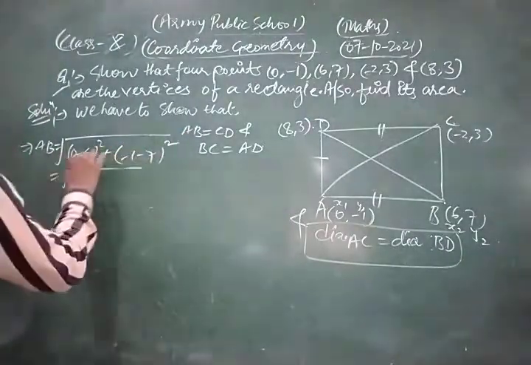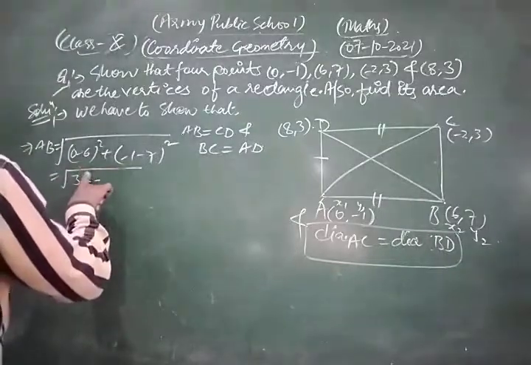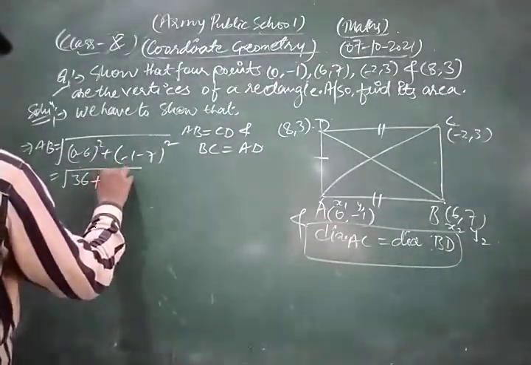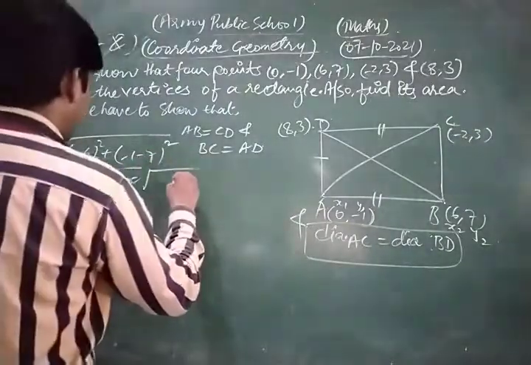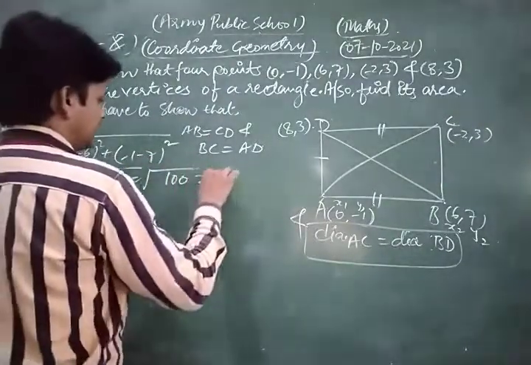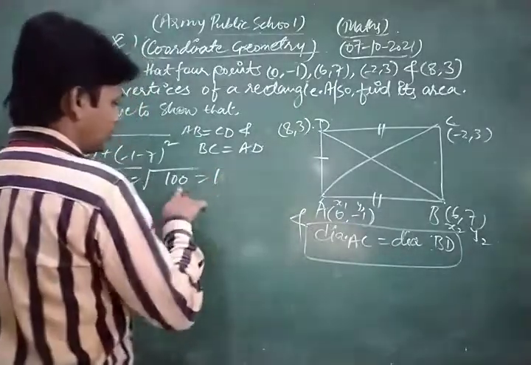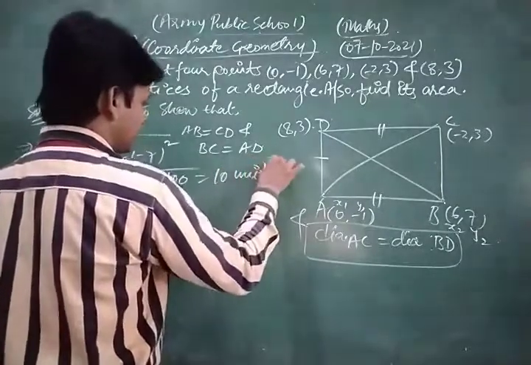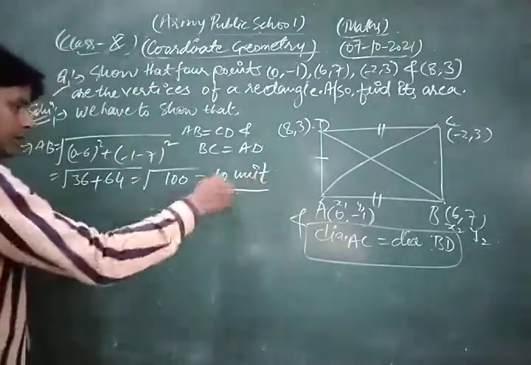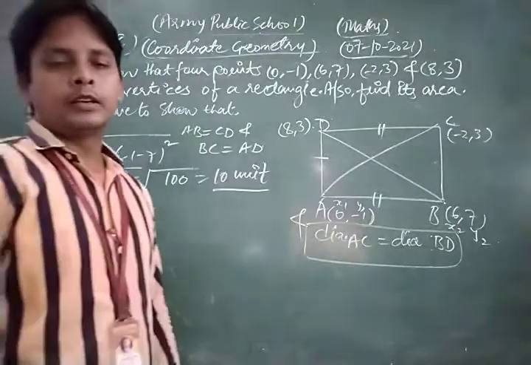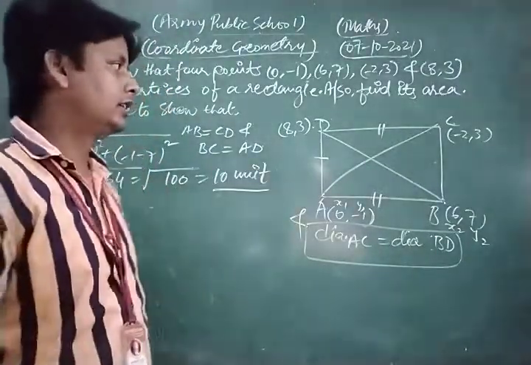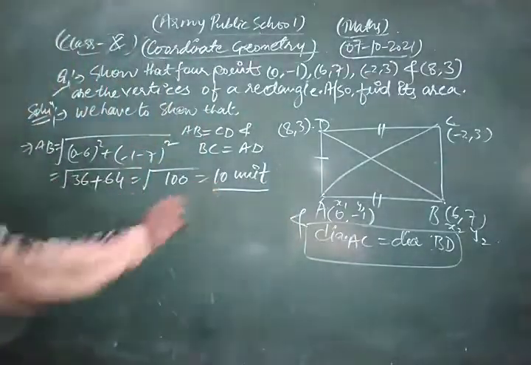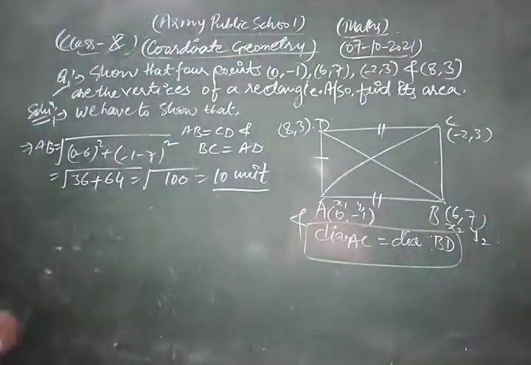So we have 36 plus 64, so we have 100. The square root of 100 is what? 10, no? So that is 10 unit. In this way, side AB is 10 units. Similarly, now we find side BC.